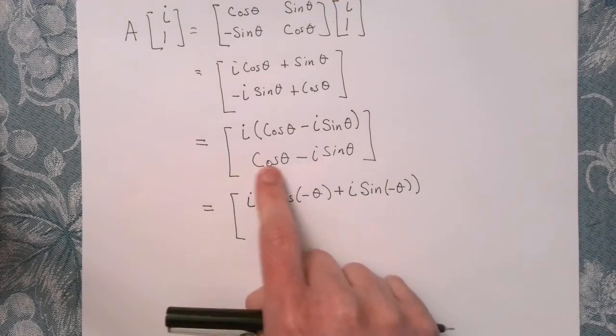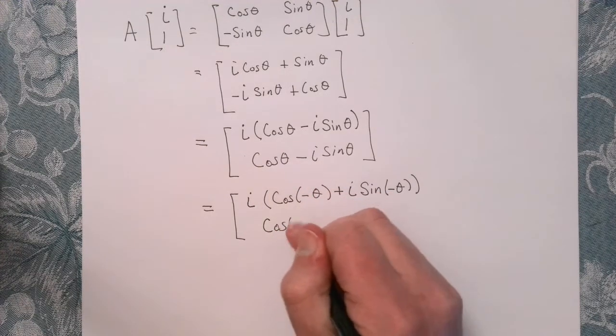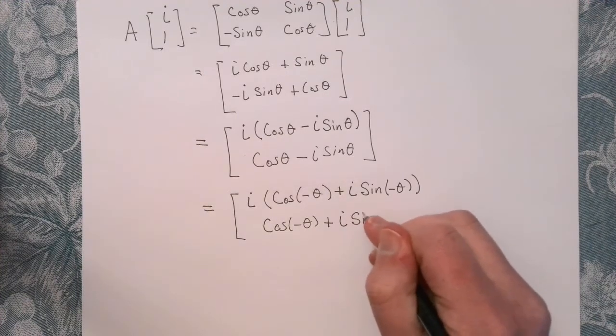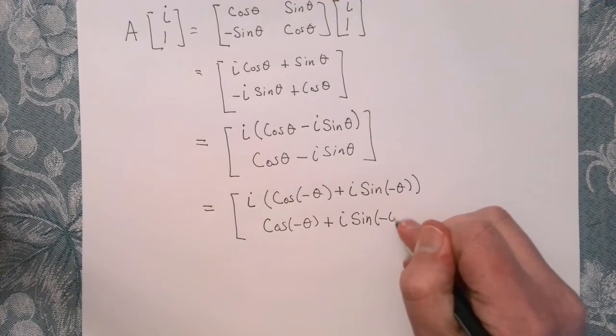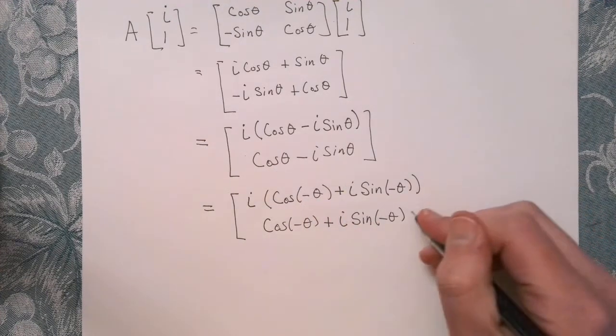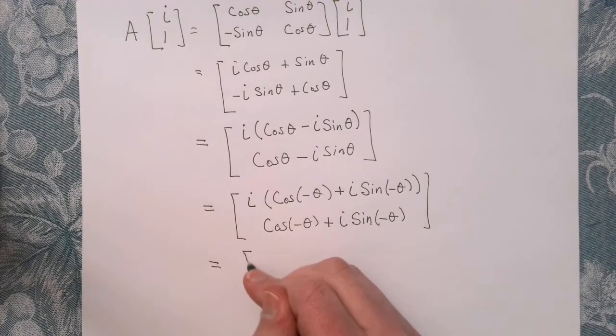Okay, if that made sense, this is really just more of the same. So down here, this should be exactly cosine of minus theta plus i sine of minus theta, again just using the fact that cosine is an even function and sine is an odd function. Well, by Euler's formula, that gives us the following.